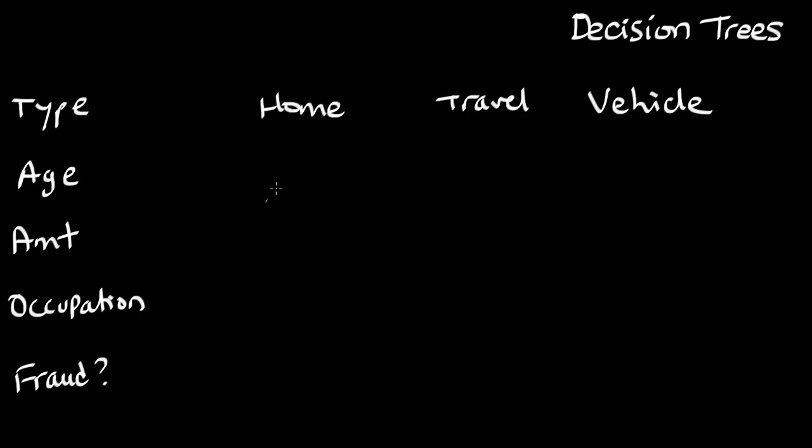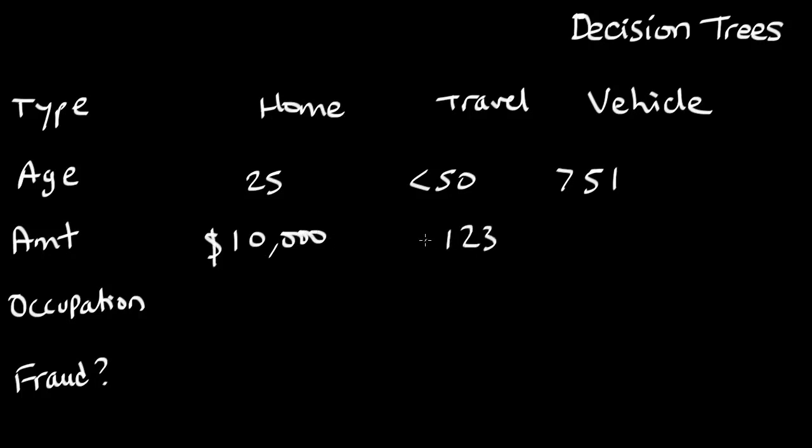And for age, that could be 25 or less, less than 50, or greater than 51. You might have the amount of the claim, whether that's $10,000 or 123 euros, whatever it needs to be. And occupation, that could be someone from sales, maybe someone working in marketing, or maybe someone working in IT.